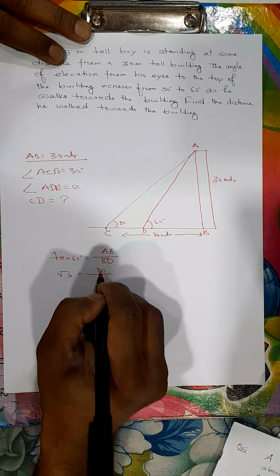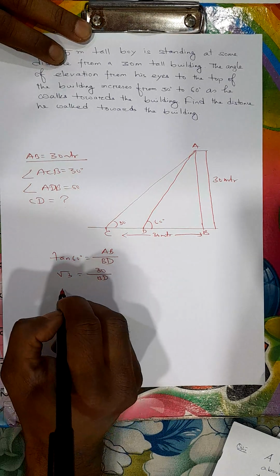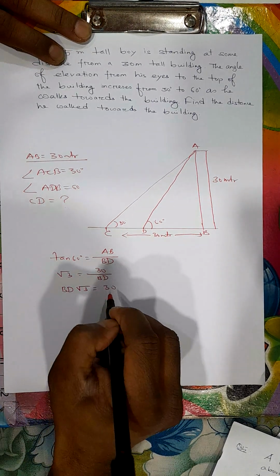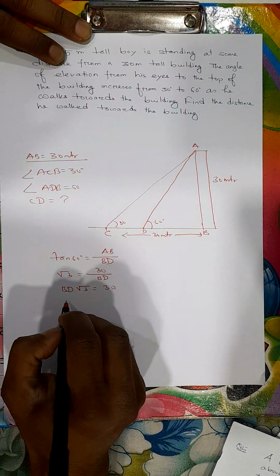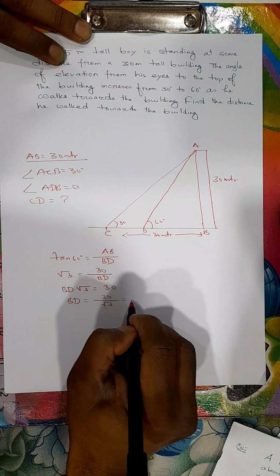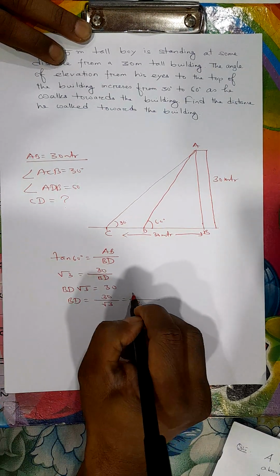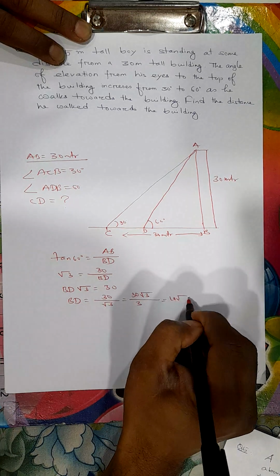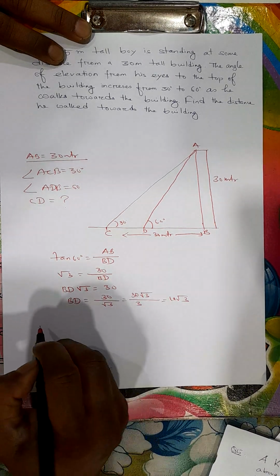AB is 30. So BD square root of 3 equal to 30. Right? So BD equal to 30 divided by square root of 3. If you rationalize the denominator, it becomes 30 root 3 by 3, so it becomes 10 root 3. BD is 10 root 3.